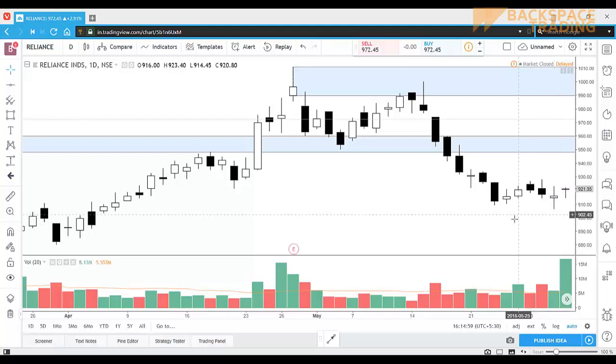What exactly do you think? Price made a low, it made a lower high, it never breached this one, okay? This candle did not close below this, and yet this had a huge volume, around 15 million. Why?